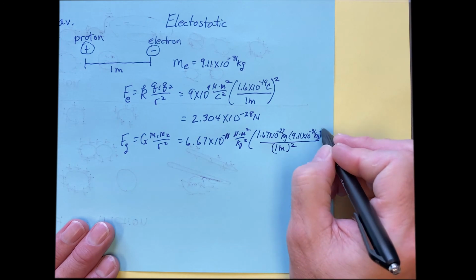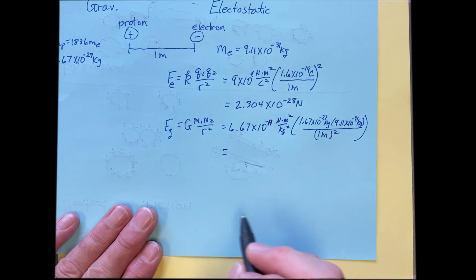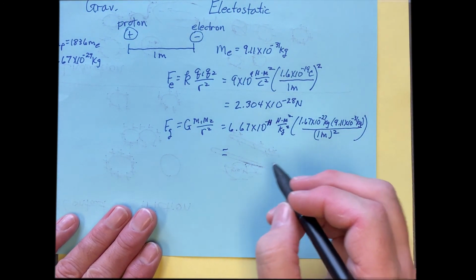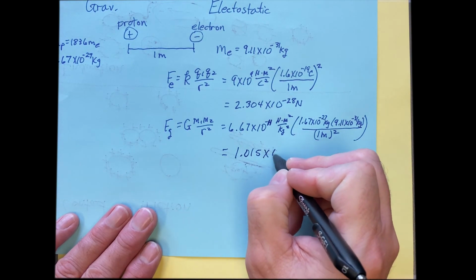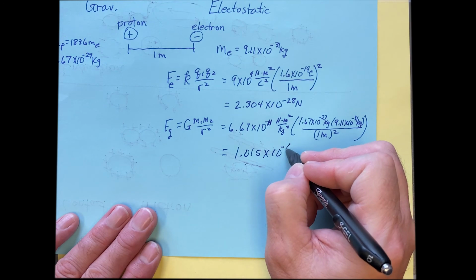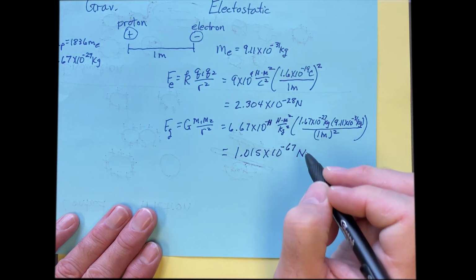Don't forget to square it. When you do that calculation, you end up with 1.015 times 10 to the negative 67 newtons.